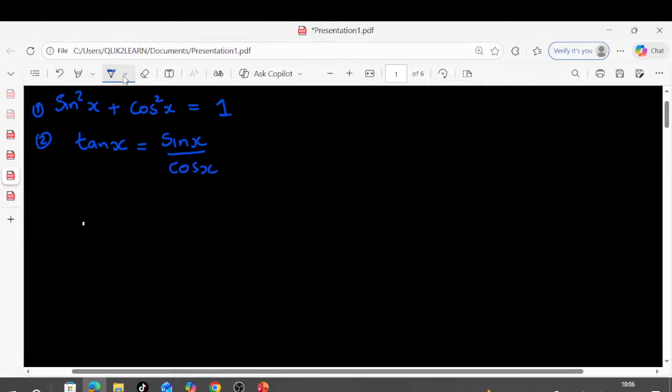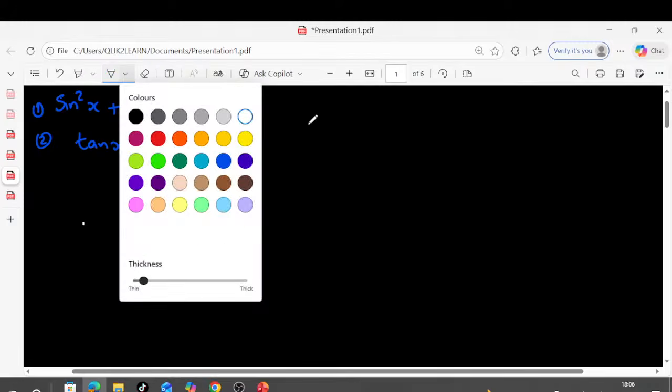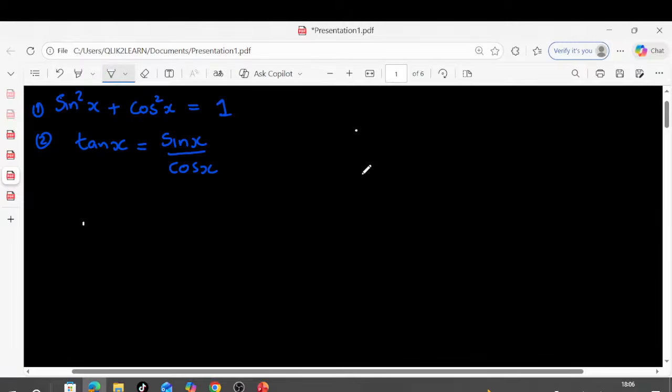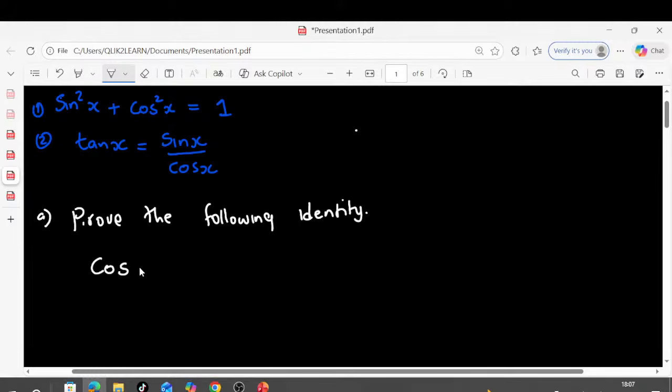So the first problem that we're going to work on today is, let's say, we're going to prove the following identity. A quick tip that I can give you now: in order for you to be able to prove identities, make sure that you understand how to simplify them first.